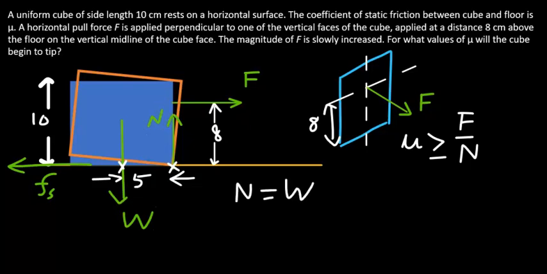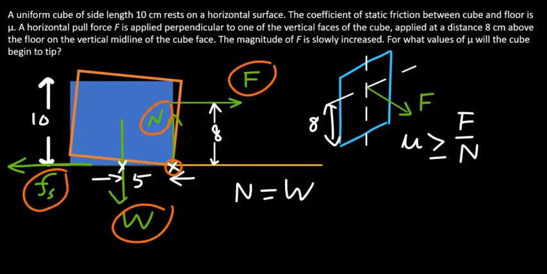So far we have been dealing with only condition 1 of static equilibrium. Now let's turn our attention to condition 2 of static equilibrium. Let's try to calculate the net torque about that tipping point. The forces that would contribute to such a torque calculation would be this force and the weight, because the normal force and static friction are passing exactly through that axis of rotation.